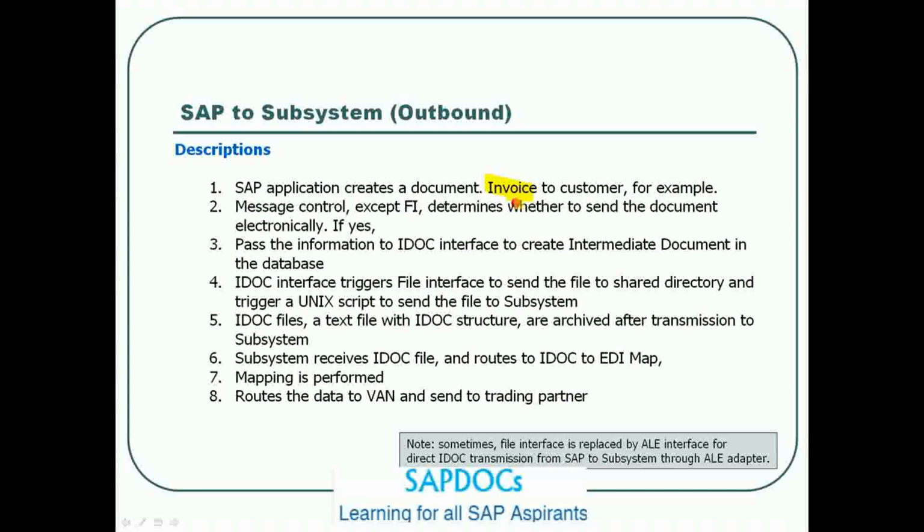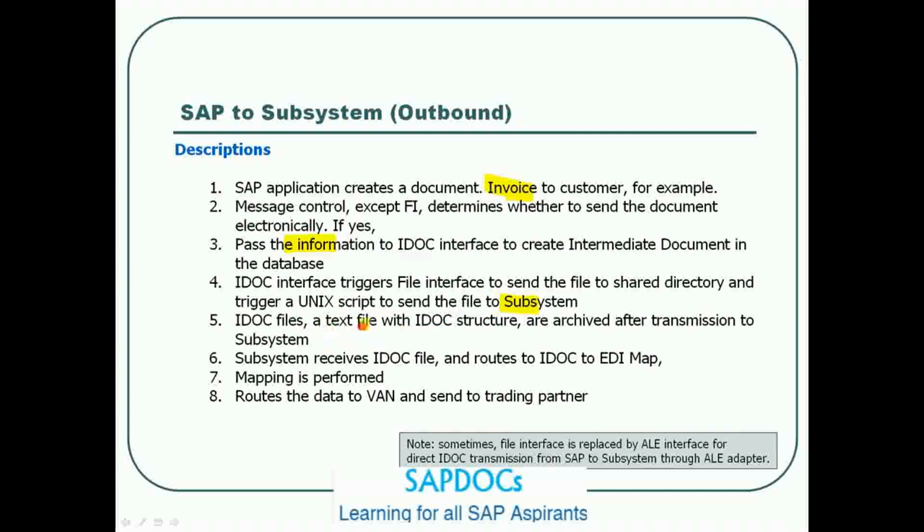With that being said, do we have a setup in SAP that tells us this particular customer is EDI enabled and we need to send them this invoice? Message control passes the information to the IDOC interface to create an intermediate document in the database. Task 4, the IDOC interface triggers the file interface to send the file to the shared directory and to trigger a script to push the file to the subsystem.